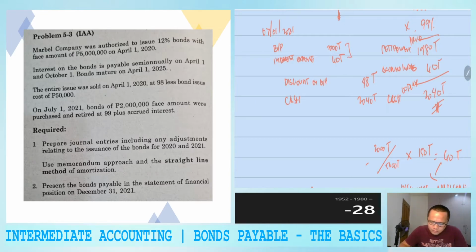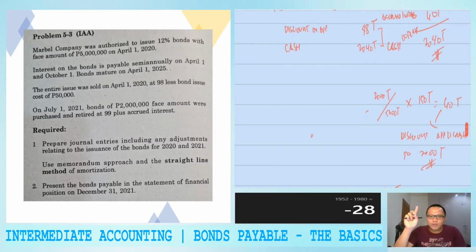Total ito 2 million 60, then ito 2 million 88. Di ba? That is this balance now. The final computation that we need to get, no, is to determine how much is the gain or loss on retirement. Okay? How much is the gain or loss on retirement?